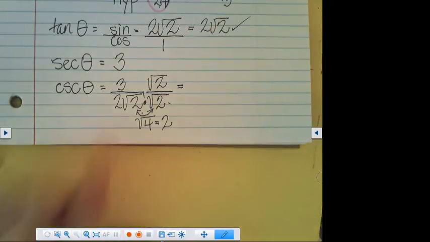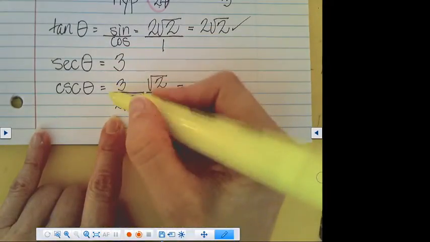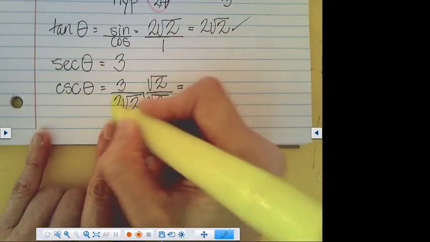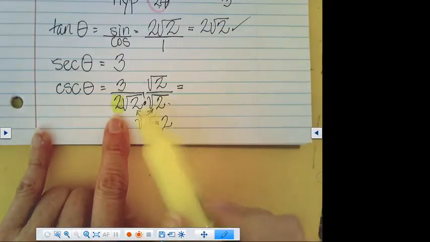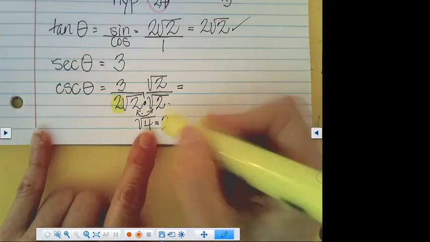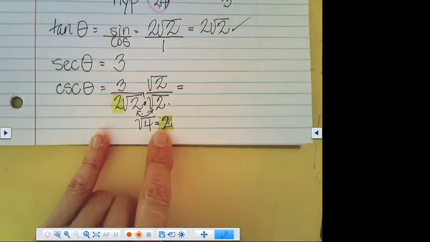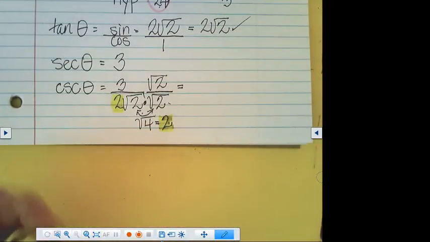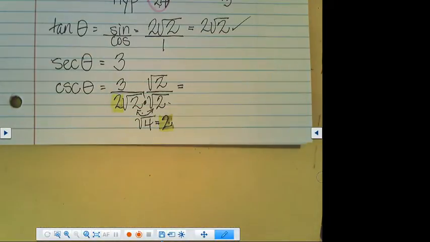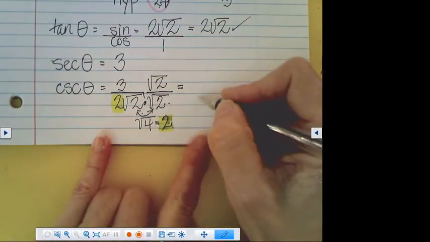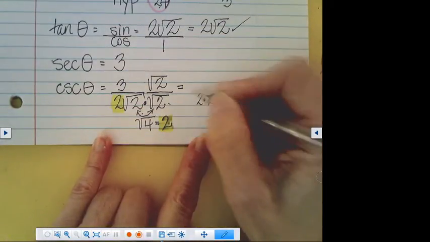Okay, now let me do some highlighting. Make sure in the denominator you have this square root of 2 sitting up front. And then when you multiply by the square root of 2, you created another 2 right there. It's going to make mud, isn't it? So we have a 2 that needs to multiply the 2 we created. So in your denominator, you have 2 times 2. So what do you have if you have 2 times 2 in the denominator?